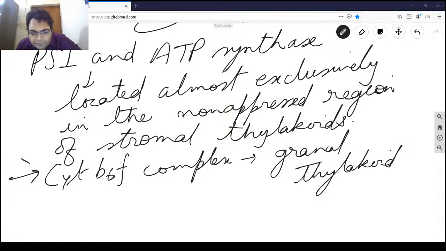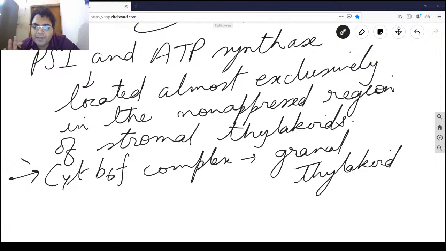What you have is the association of the light harvesting complex. When this light harvesting complex associates with PS1, PS1 is active. When it associates with PS2, PS2 is active.